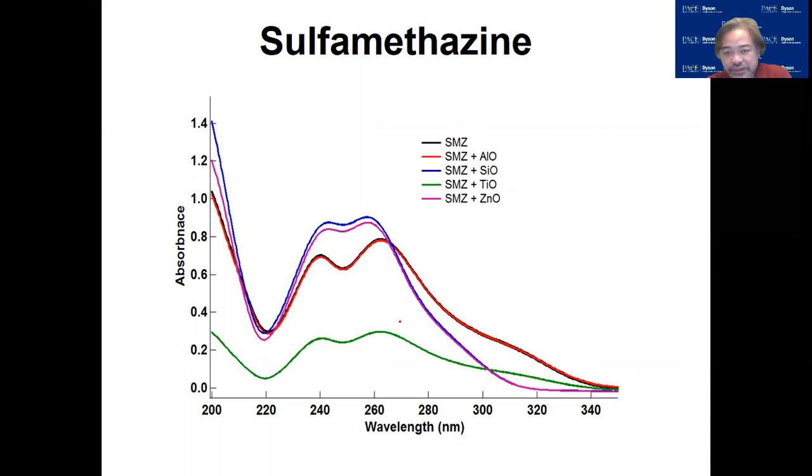So if you look here in terms of the absorbance, SMC here is sulfametacin. Some of them increase when you mix it with the nanomaterials like silicon oxide and zinc oxide. Some of them reduce when you have titanium. Some remain the same, as we observe here in aluminum oxide.